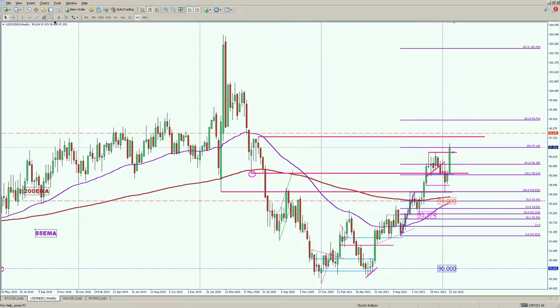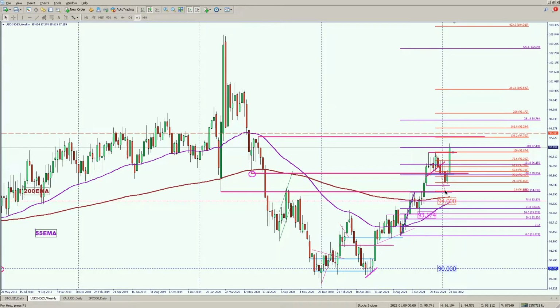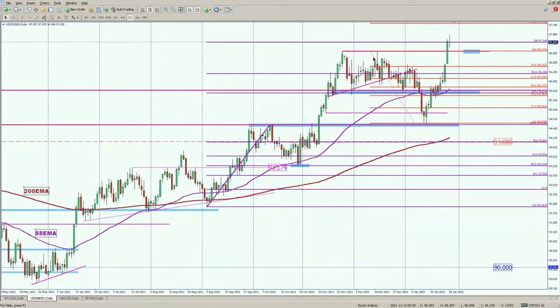Then if we draw a reversal FIB extension, this swing high lines up with the 138 FIB extension, so that's a potential resistance zone first, close to the 98 round figure. Let's go back to the daily time frame.